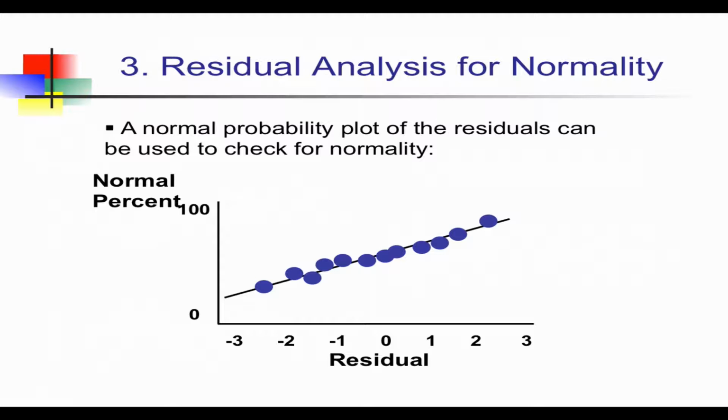You can do a QQ plot of the residuals, because the residual, remember, should be normally distributed with 0 mean and sigma squared variance. What you're looking for in a QQ plot is a straight line. All the data points, which are your residuals, should be very close to a straight line, because if it fits a straight line, that means the residual is approximately normally distributed.